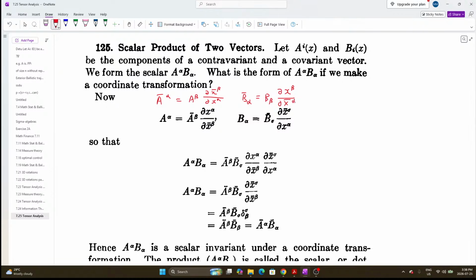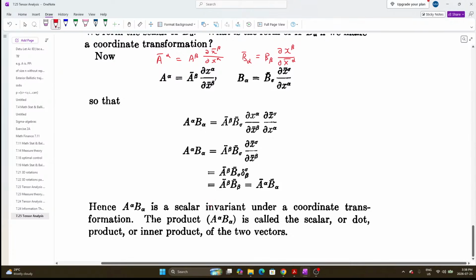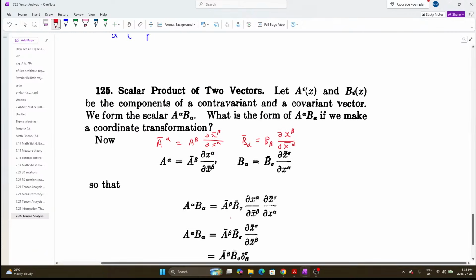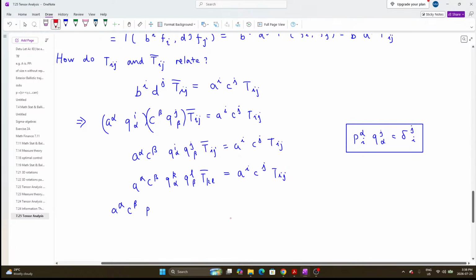So those are the two, and then you do the dot product. You multiply the two, and you get a Kronecker delta here, which shows the same. So the scalar transformation doesn't change. The scalar is a scalar. It's simply invariant. It's not quite the same as we did earlier, right?